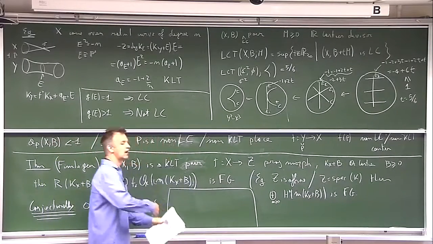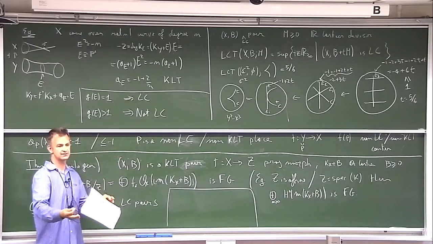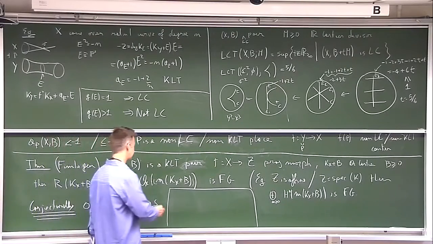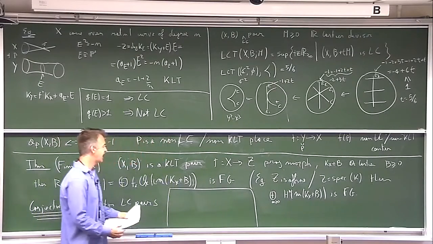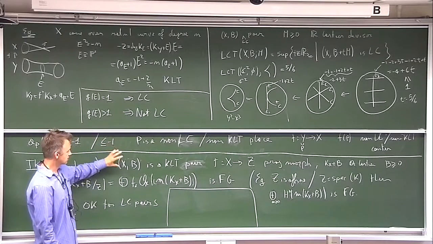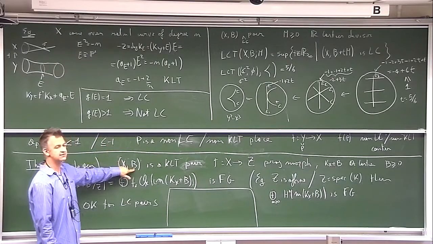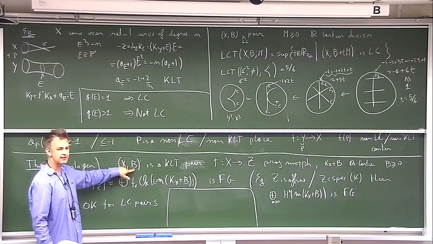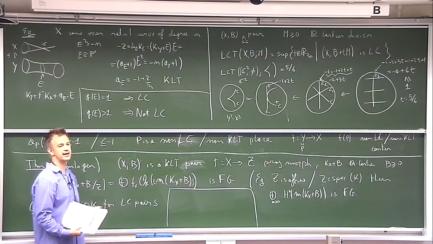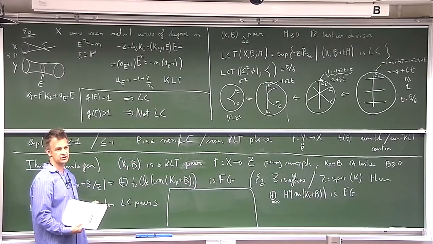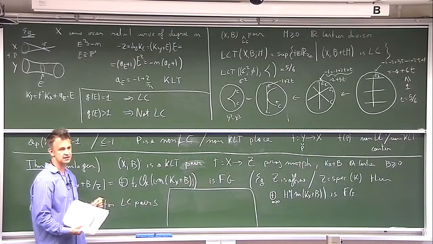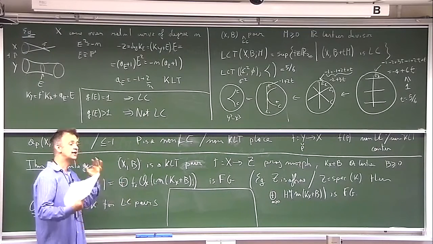So up to changing things birationally, you can look at the Iitaka fibration, and then the pluricanonical ring of this pair is finitely generated if and only if some corresponding ring on the Iitaka fibration is finitely generated, if you know what the Iitaka fibration is. And the ring on the Iitaka fibration is always of general type.